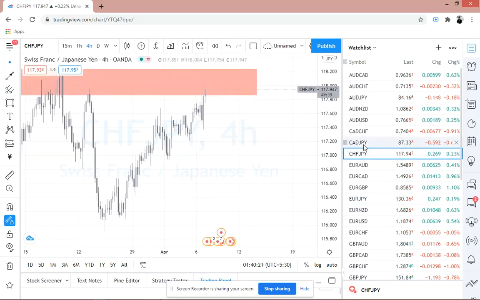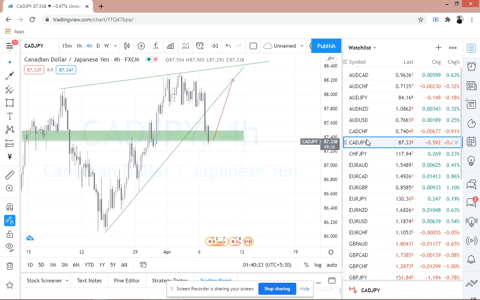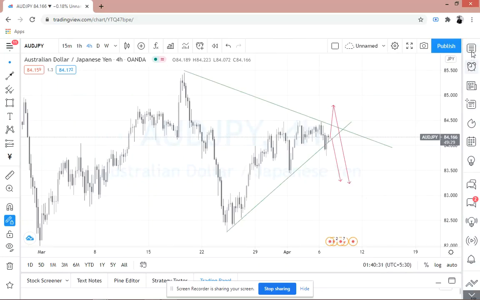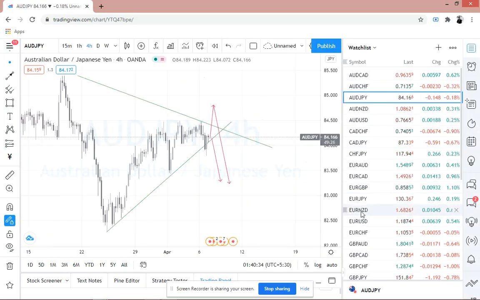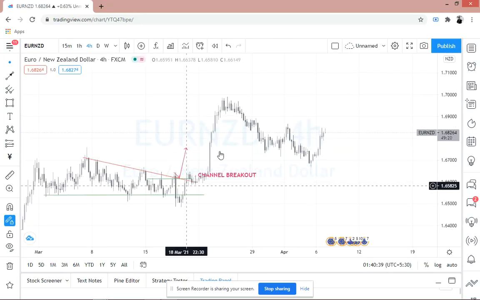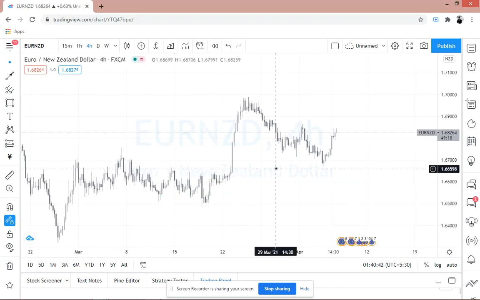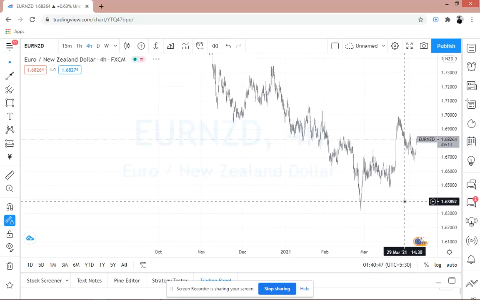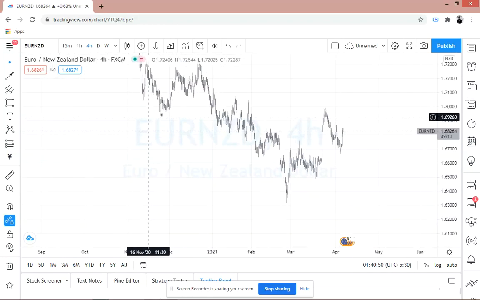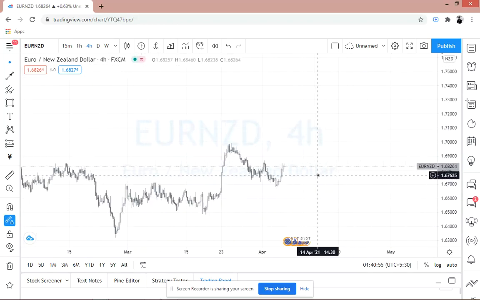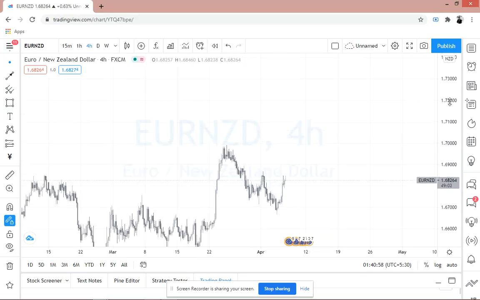CAD JPY. Channel breakout, new uptrend. The trend is still down, but we have some bias movement. The trend is down and the minor trend is also down.